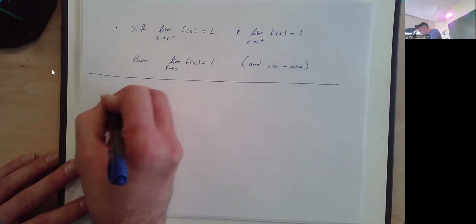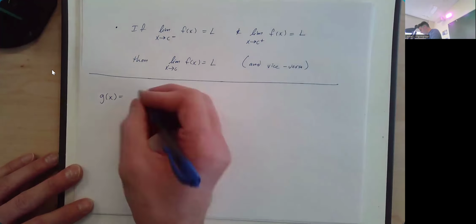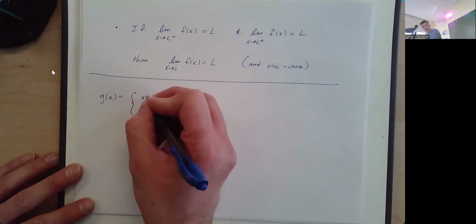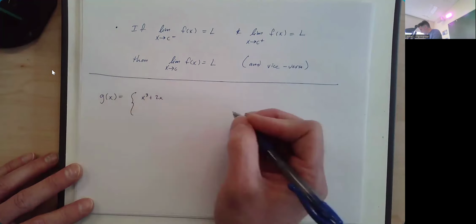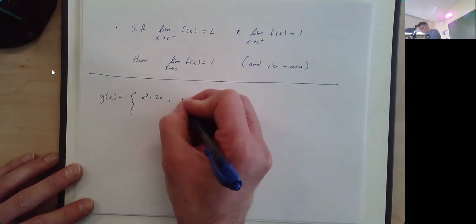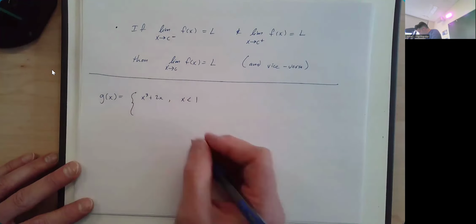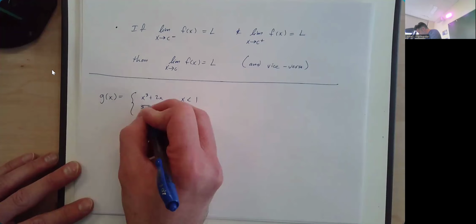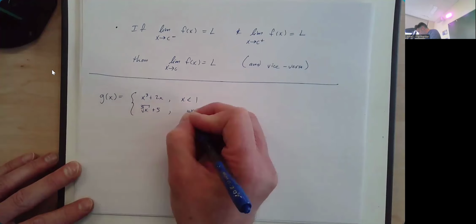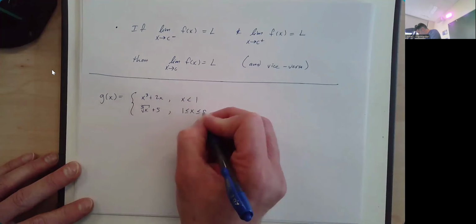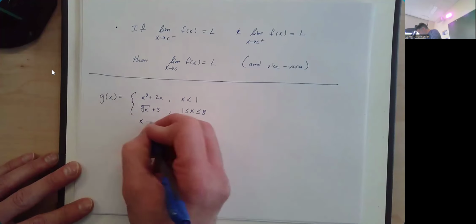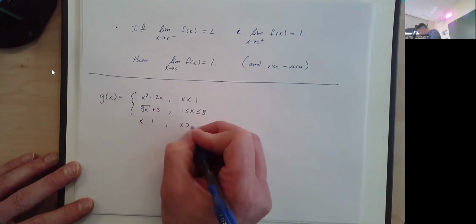Let's look at this function g of x. Let's say g of x is equal to x cubed plus 2x when x is less than 1, the cube root of x plus 5 when x is bigger than or equal to 1 and less than or equal to 8, and finally, it's equal to x minus 1 when x is larger than 8.